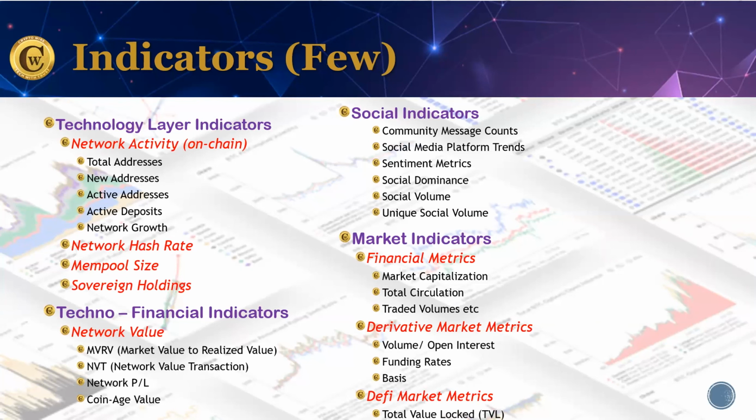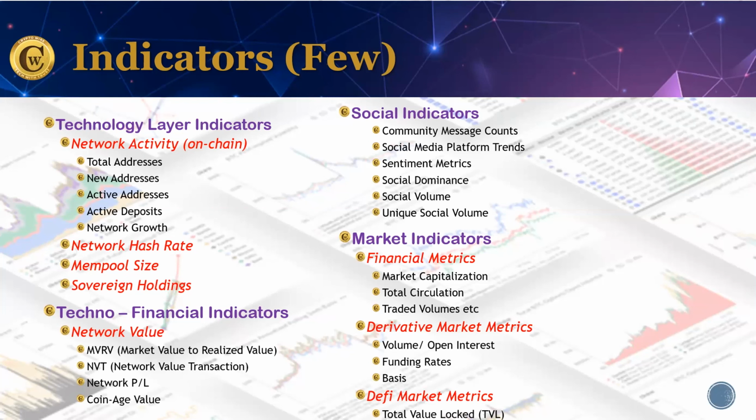Then there could be a lot of social indicators, and these are playing a huge role in knee-jerk price reactions nowadays, and it makes a lot of crowd sense because today everything is moving as per the social adoption kind of thing.